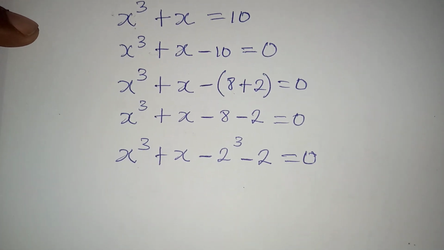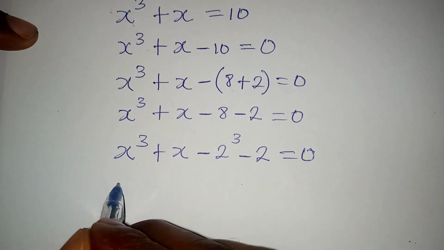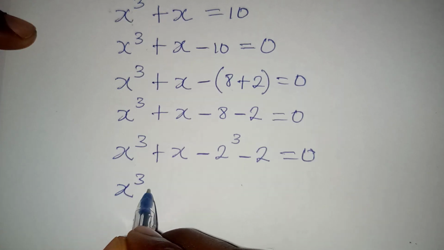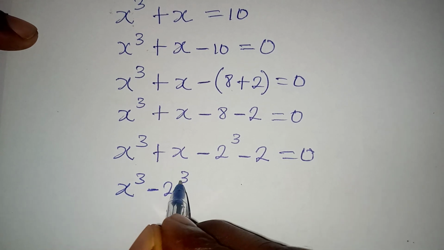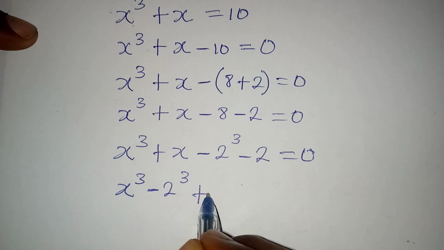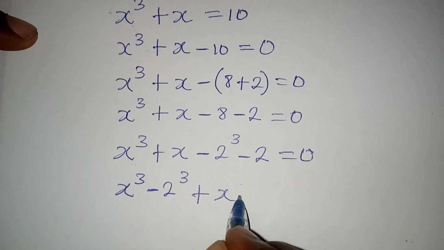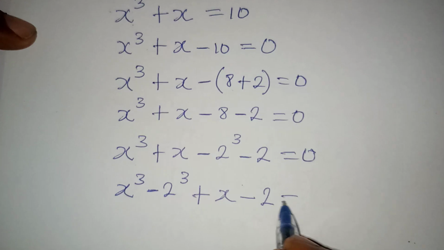And then at this point, we will collect terms together. So we have x to the power of 3 minus 2 to the power of 3, then plus x, minus 2 equal to 0.